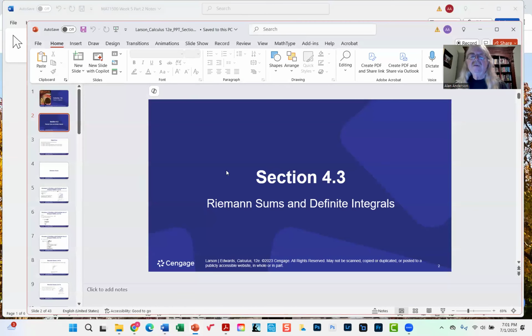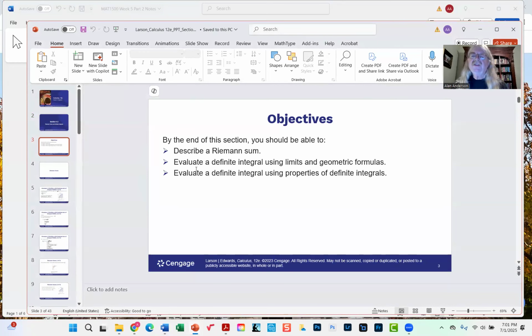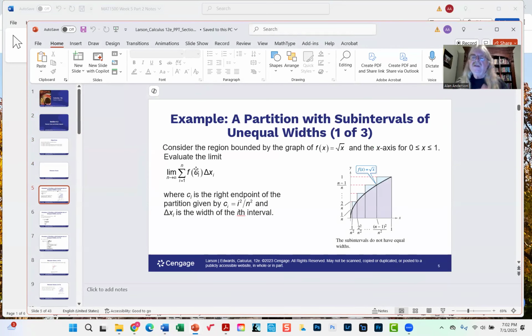Now we're going to introduce the concept of Riemann sums. What's changing here is that we're making our approach from the previous section a little bit more general. Notice we have a function here, f of x equals the square root of x. We're interested in the area under that curve between 0 and 1, and we've seen this before.